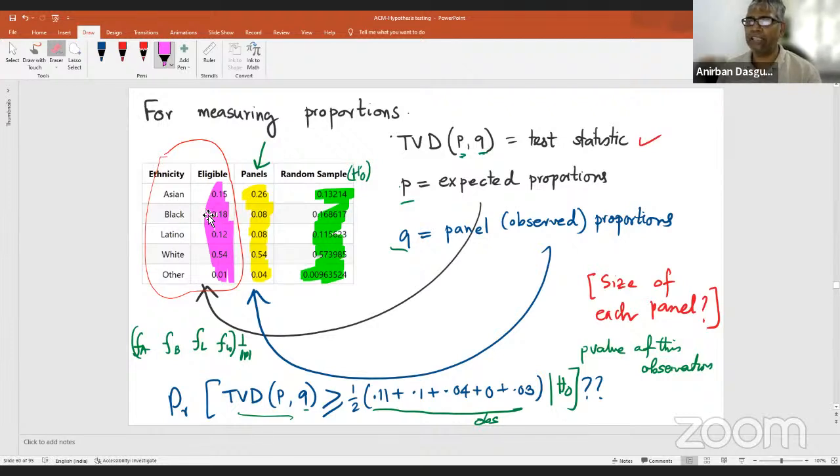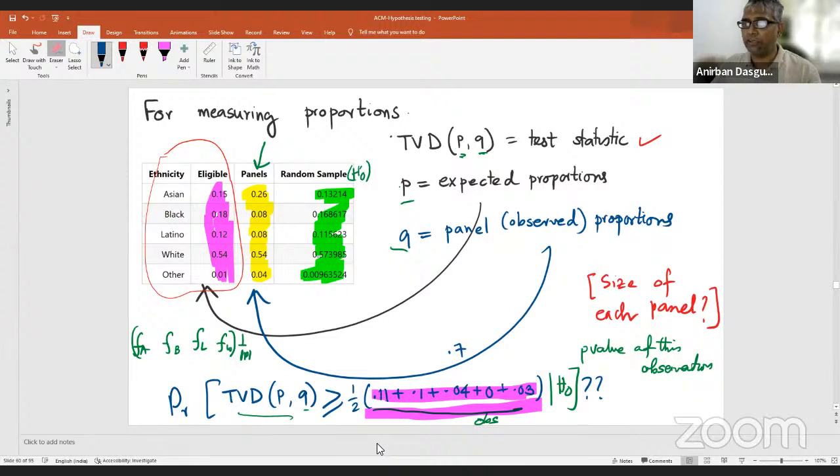Now I have observed my test statistic to be this quantity in the data. I have observed in my sample 0.7 or something, whatever you have seen.